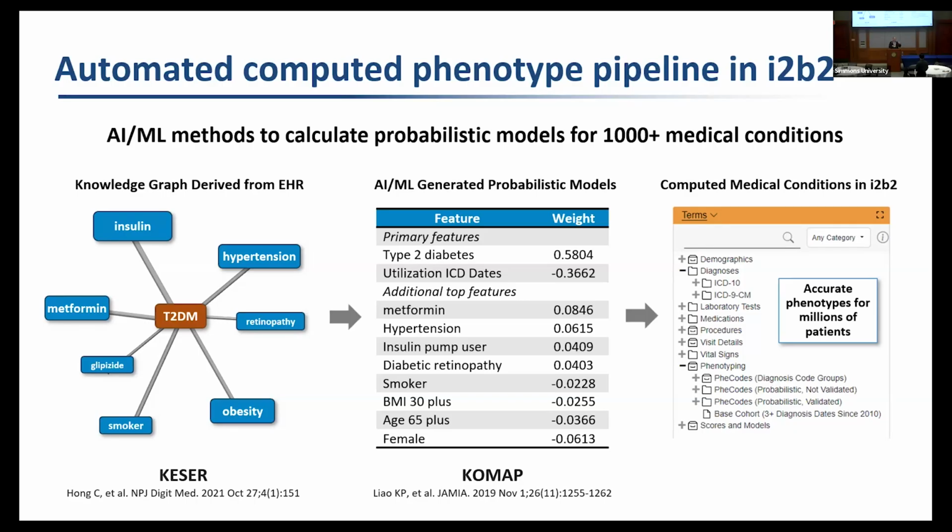So yes, you can do that kind of subtyping or find models for things that are not coded today in ICD-9 or 10. Those things, though, you usually need to start with some list of patients who you can flag in some way as a gold standard to build a model around.